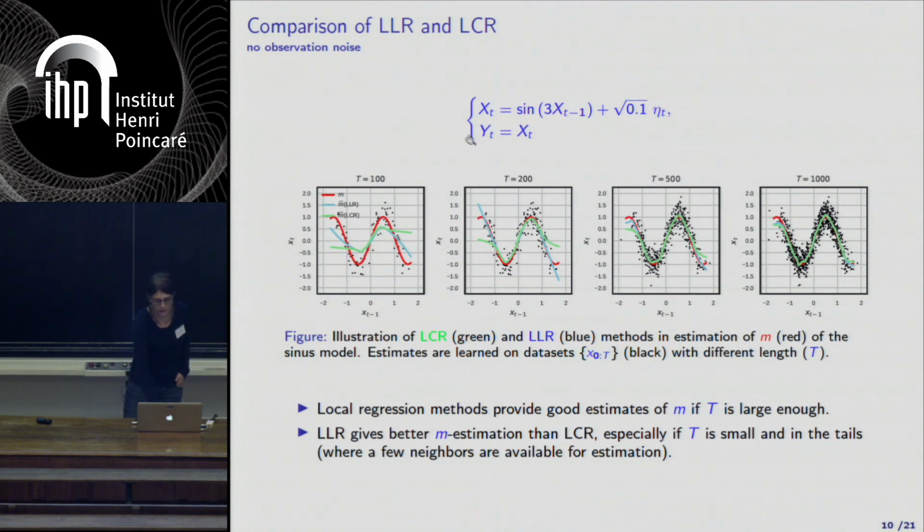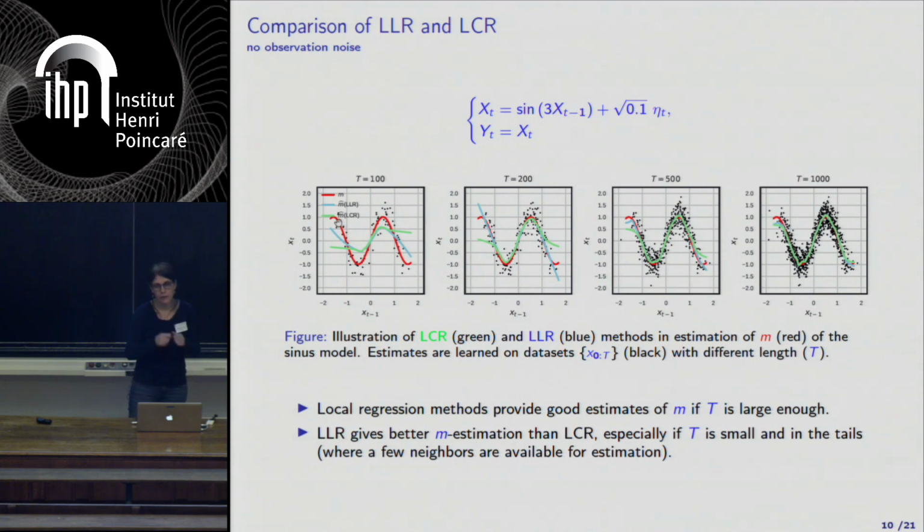Here, as you can see in the equation, we suppose that the observation is perfect, so there is no noise on the observation, and we just want to compare the nearest neighbor method, which is in green, with the LLR, which is in blue, just to check if the LLR is better or not, because it is a little bit more costly, so it has to be better.